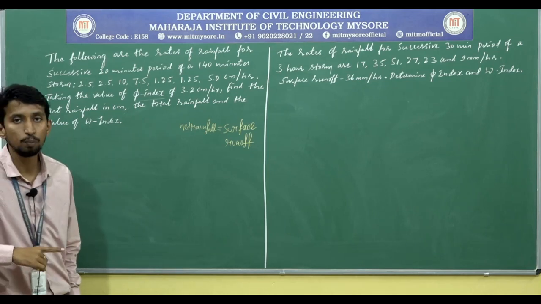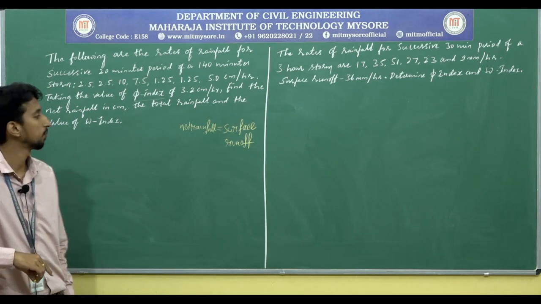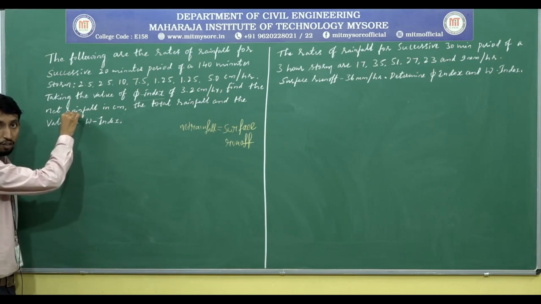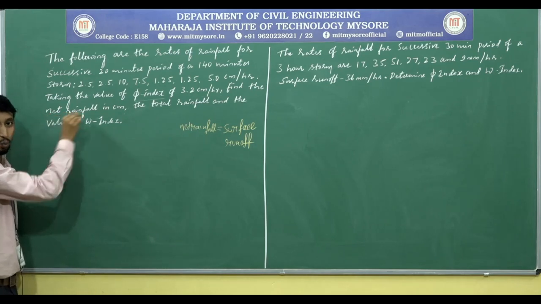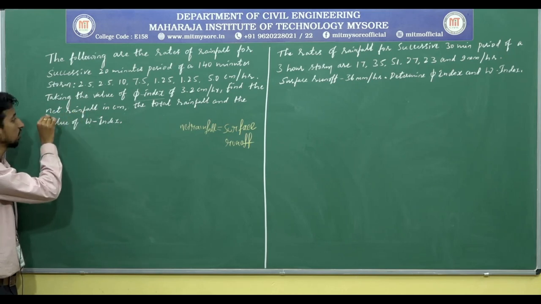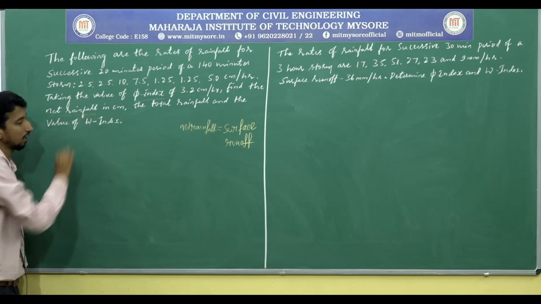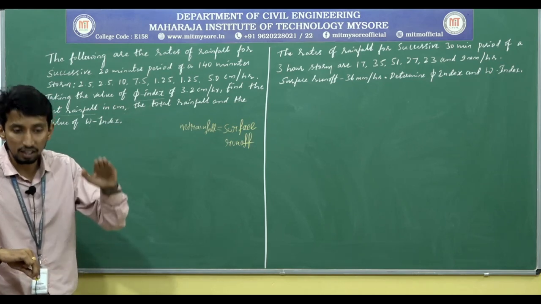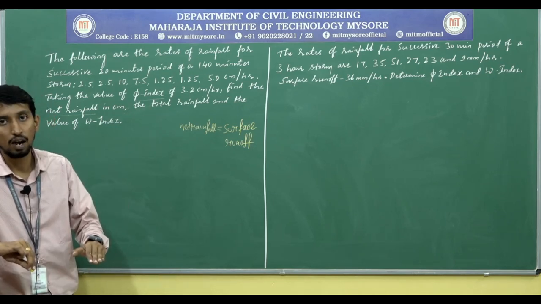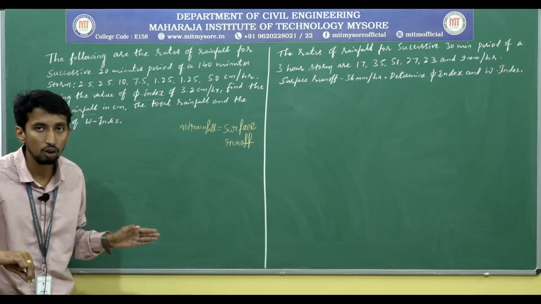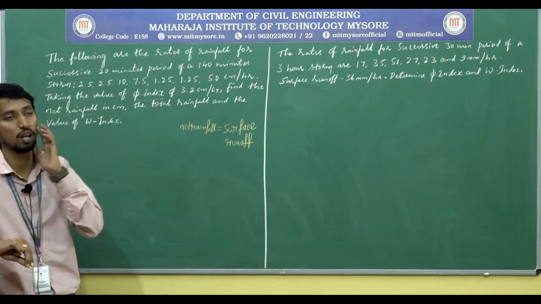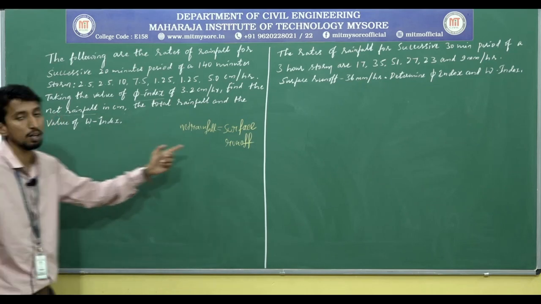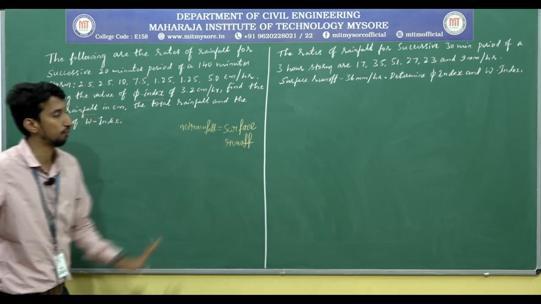All these three things should be found out. Instead of saying find the surface runoff value, he has said find the net rainfall. Whenever rainfall occurs, some part will infiltrate and the remaining part will undergo runoff. Net rainfall is nothing but the surface runoff.